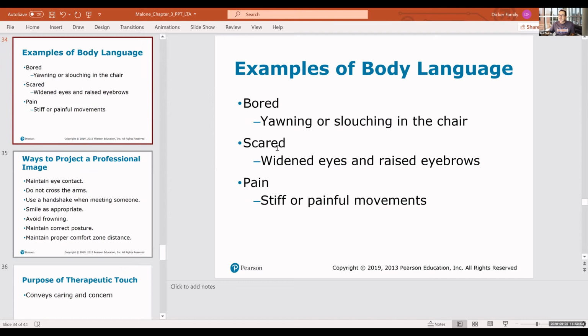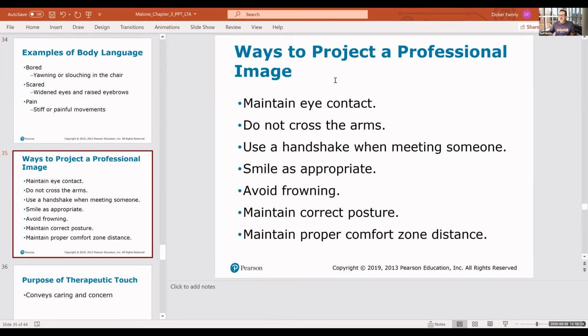Okay. Ways to project professional image: maintain eye contact. Don't cross your arms. Again, this may tell a patient that you're not interested in what they're saying, or maybe you're taking some offense to what they're saying, or you don't believe what they're saying. It could be construed by the patient that way. So be careful with your own body language. Use handshakes to meet people. Smile when appropriate.